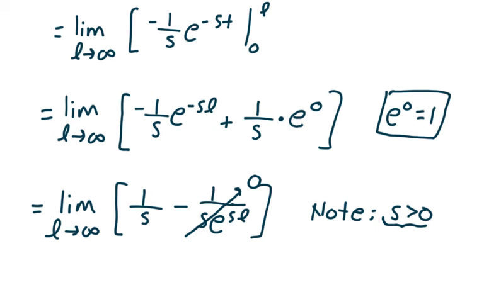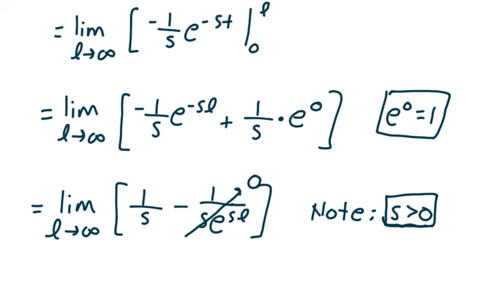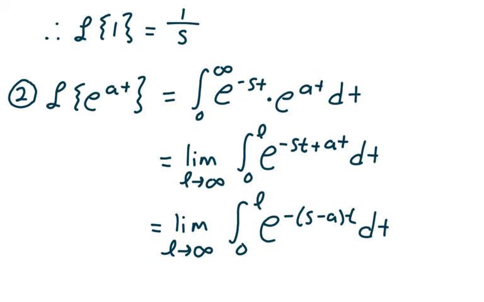And we want this limit to exist by design. And so we impose this restriction that s is greater than 0. And so the final limit will be 1 over s. So the Laplace transform of 1 is equal to 1 over s.